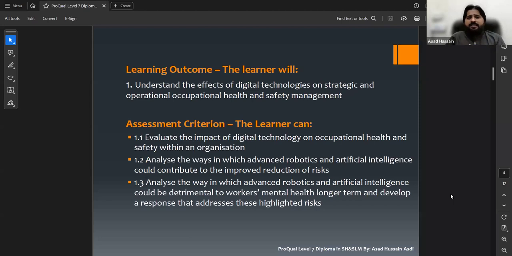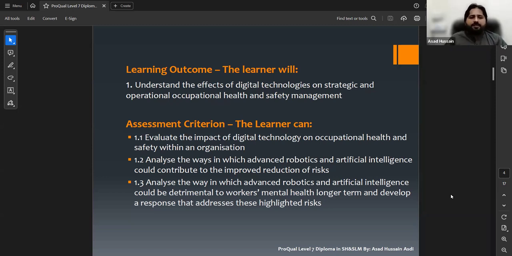As I have told you, there are 7 learning outcomes, and each learning outcome has different assessment criteria. And in total, these assessment criteria are 23. So here we can see the learning outcome one, understand the effects of digital technologies on strategic and operational occupational health and safety management. And now we have here three assessment criteria for this learning outcome.